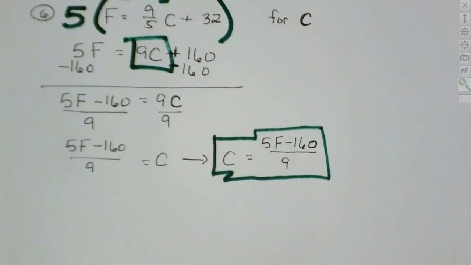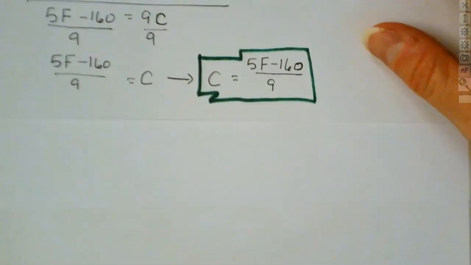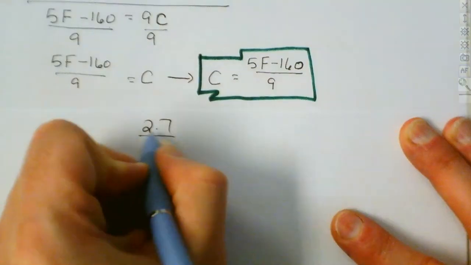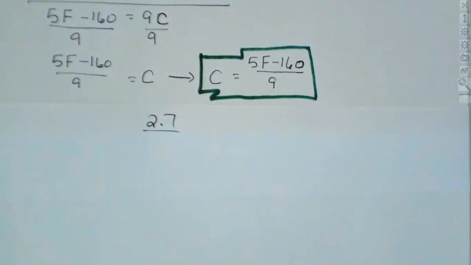We have a little bit of time left, so we're going to go on and look now at ratios and proportions. So we're going to move on and we'll work a little bit in 2.7. 2.7 is ratios and proportions, and also percentages too.